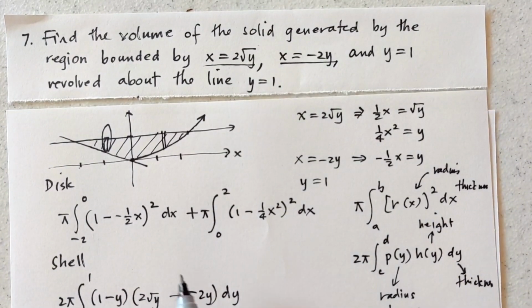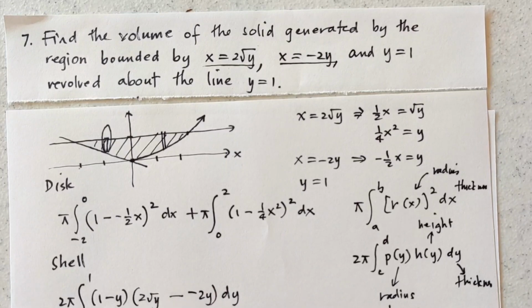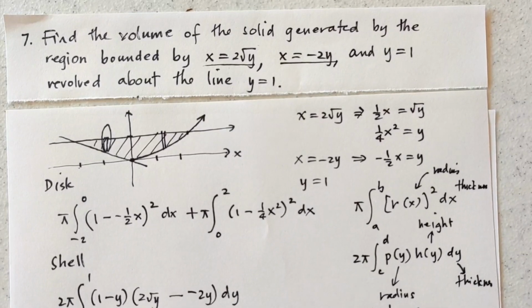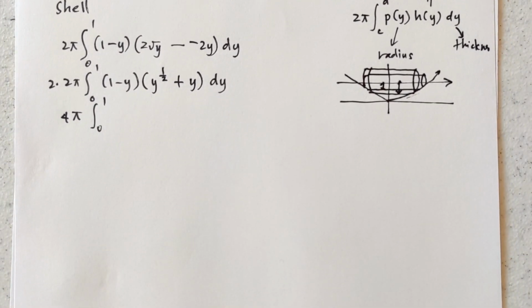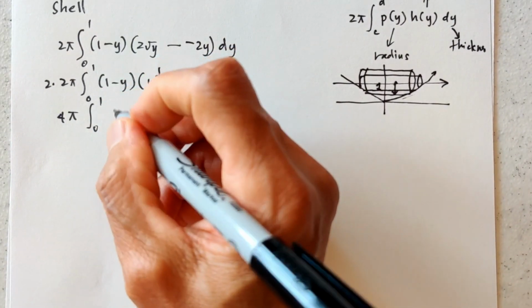So we can simplify this and get 2 pi from 0 to 1 of 1 minus y. We can factor out the 2 so that we only have y to the 1/2, which is the square root of y, plus y dy. Now we multiply using FOIL, okay? And so we get 1 times y to the 1/2 is y to the 1/2.